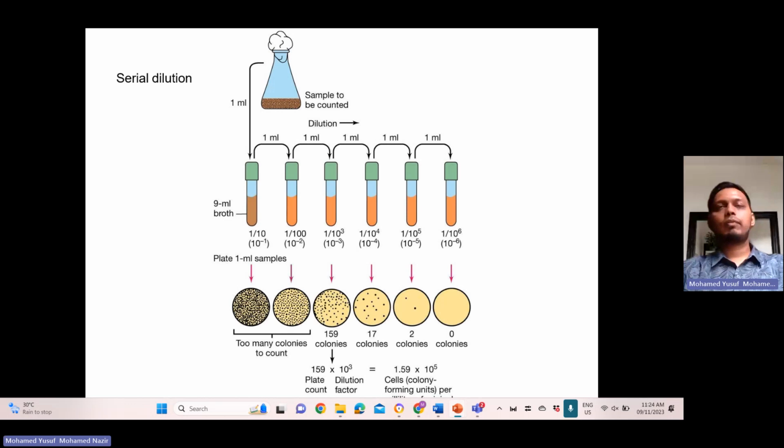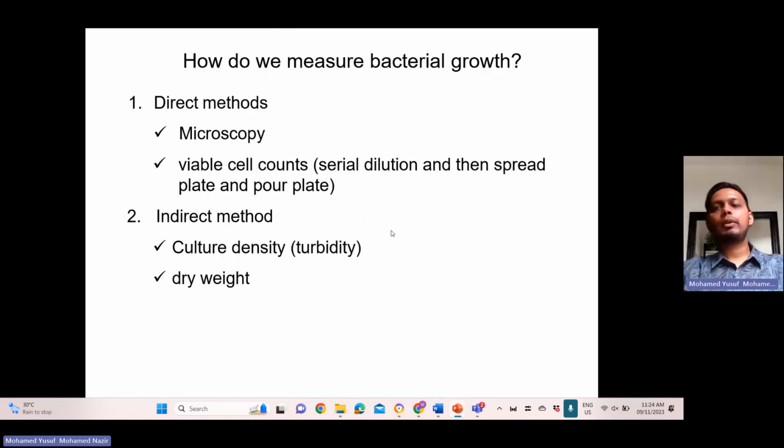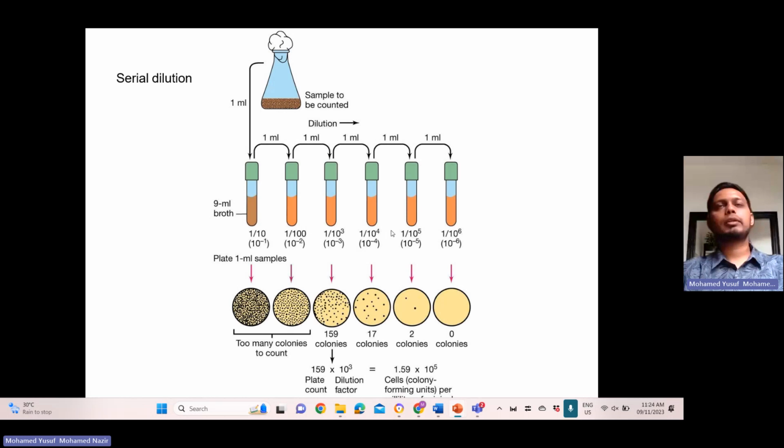Okay, for the direct method, normally the number of cells in the original sample will be too much. If we directly take the original sample and do the spread plate or pour plate, we will not be able to identify or measure the number of bacterial growth.